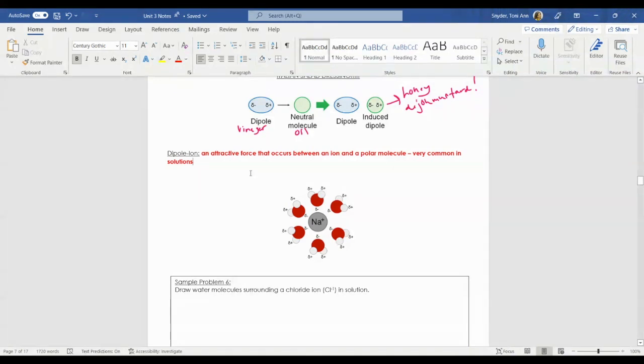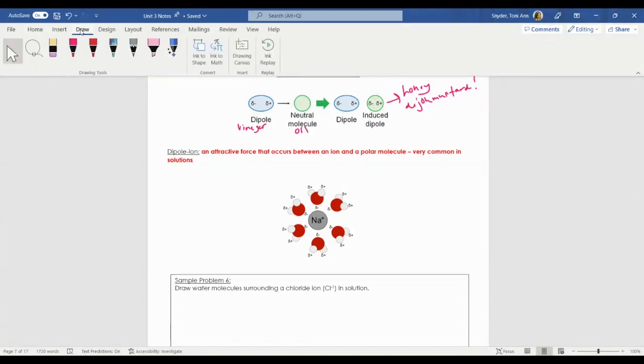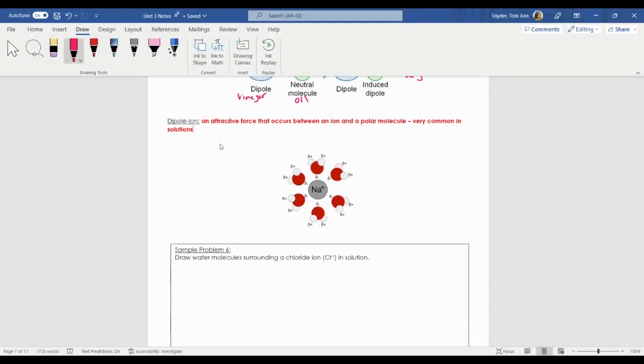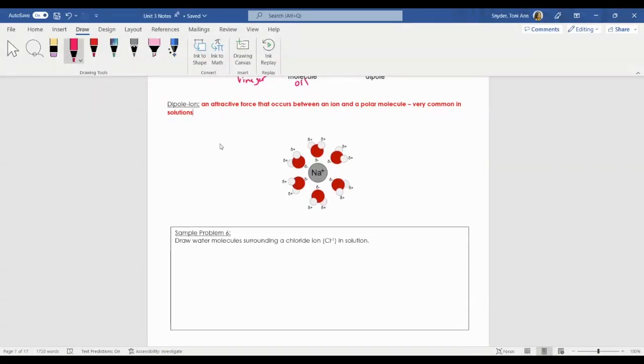The reason these dipole-ions are a little bit stronger than other types of intermolecular forces comes back to Coulomb's law, the magnitude of the charge. That sodium ion has a full-on positive charge, whereas water molecules attracted to one another only have partial negatives or partial positives. A full-on positive charge attracted to the partial negative sides of water in a solution is going to be a pretty difficult bond to break.